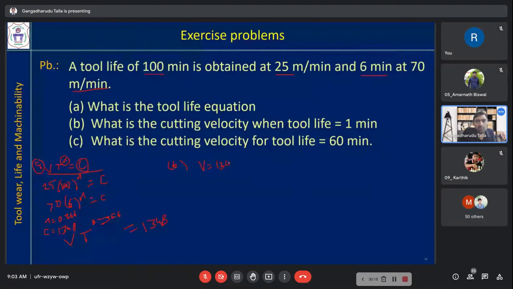Now what is the cutting velocity for tool life of 60 minutes? So you substitute T as 60. So V times 60 power 0.366 equals 134.8.